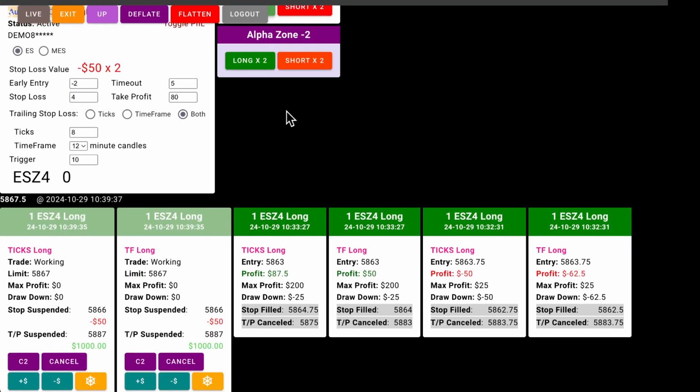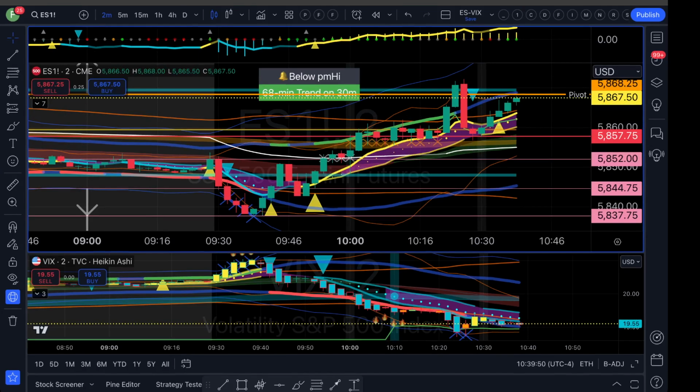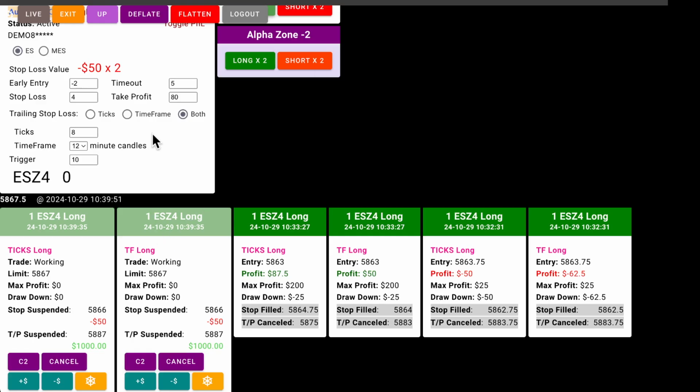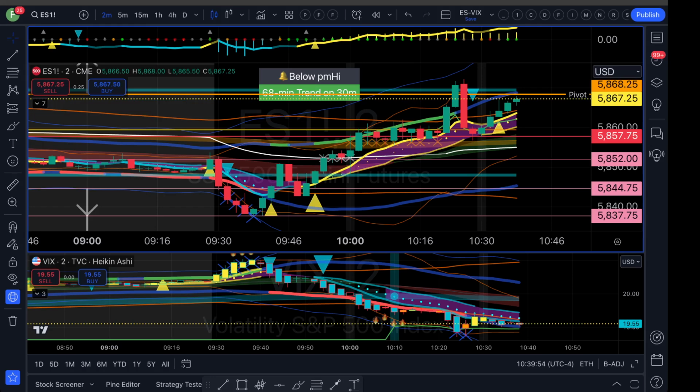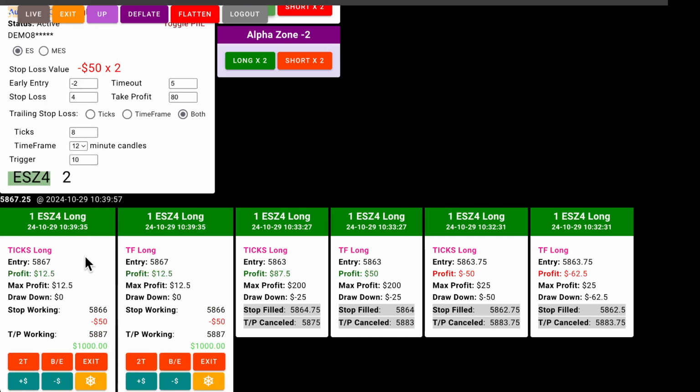You can see that other long order got canceled because it never filled in 5 minutes. So now if we get like 2 ticks pullback, we should be in that move and then we're risking. So there we go.